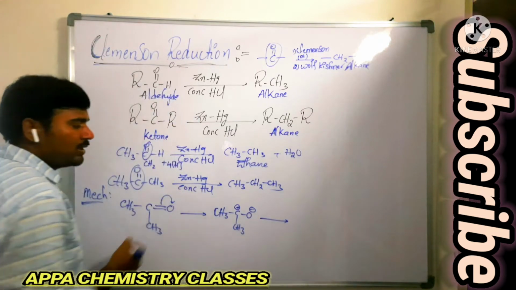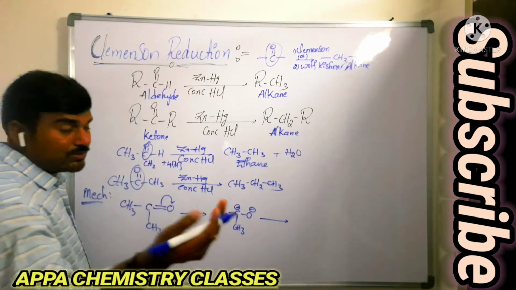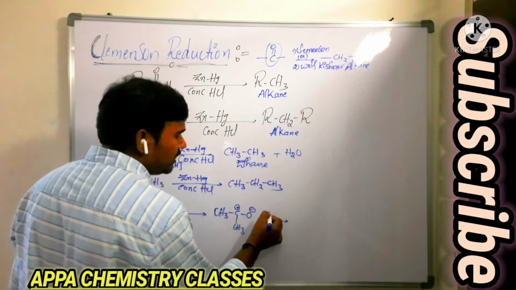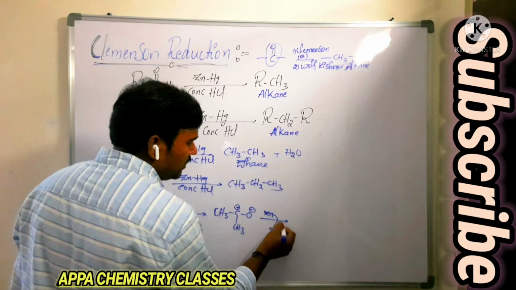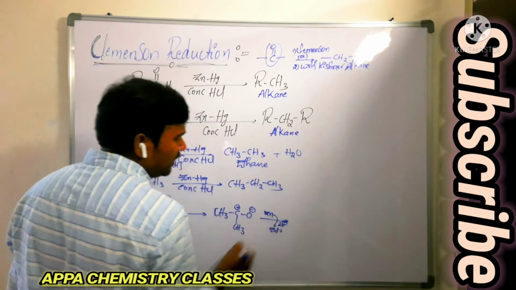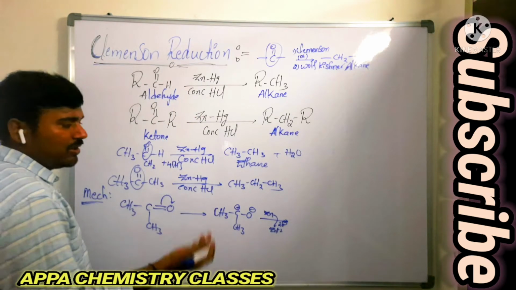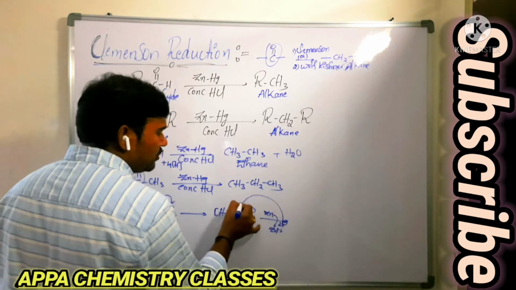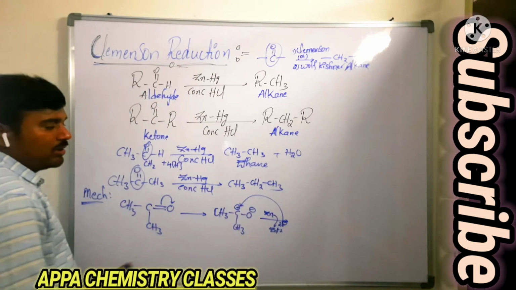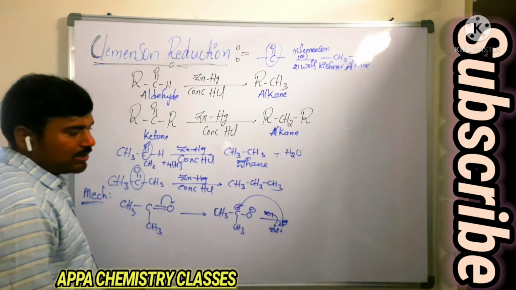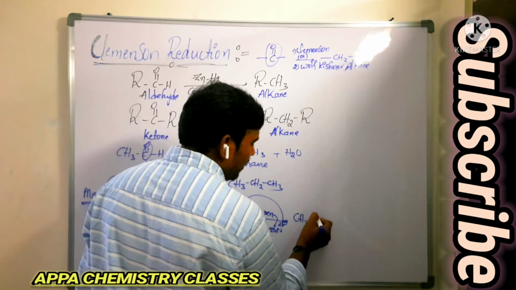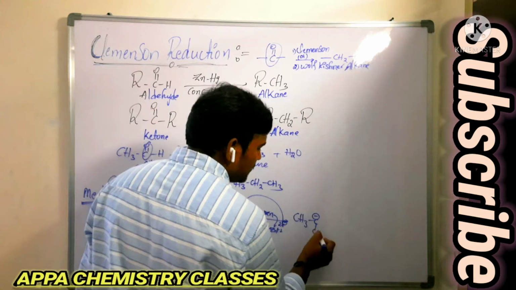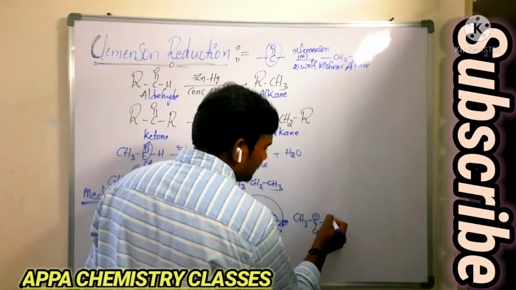Now zinc is there, and that zinc is oxidized to Zn2+ by loss of 2 electrons. These 2 electrons are taken by the carbocation, so we get a carbanion, CH3-C minus-CH3 with O minus.